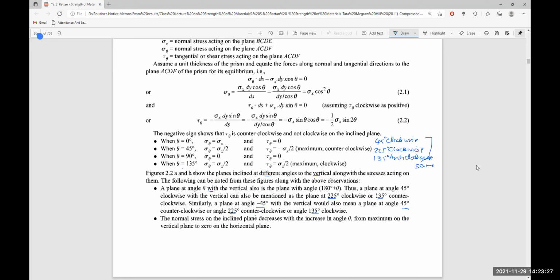So they have the same value of sigma theta and tau theta, but their orientation may be opposite.